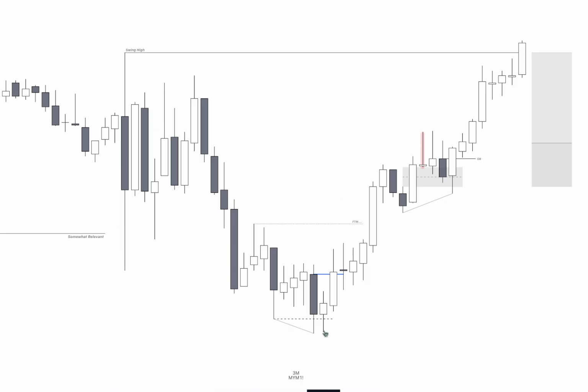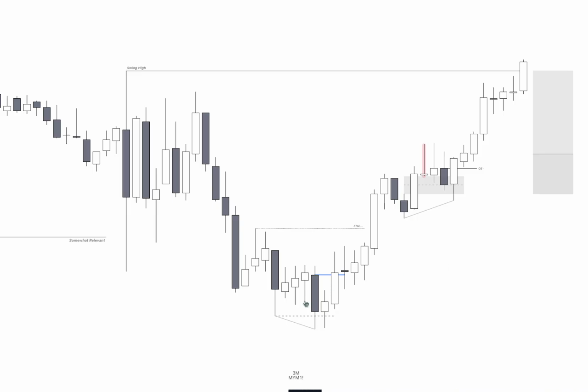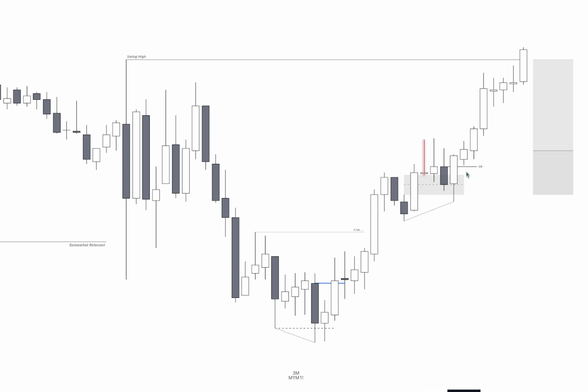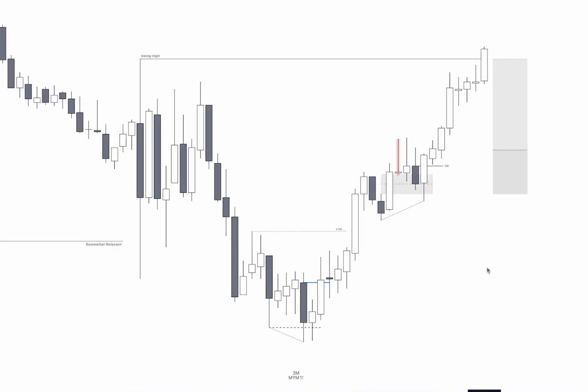It created a big range. This is not an expansion, as you can see. So it didn't continue lower strongly. So I was waiting for reversal, expansion away from it, and basically an entry, my ideal entry, to come to the high of the range. So maybe from this high, the market can continue lower, and it did, but I didn't trade that.